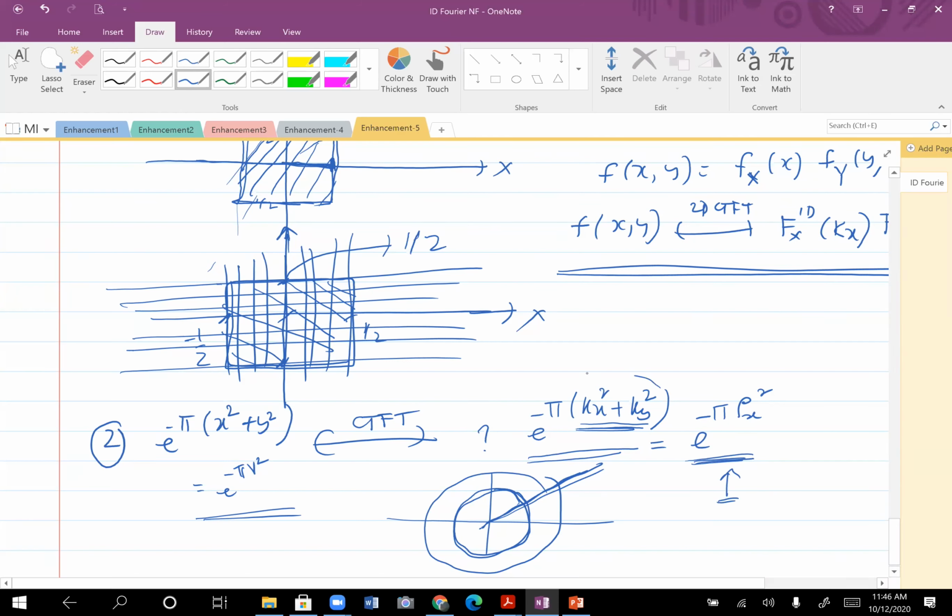See, how would this function look? You yourselves are telling that this is the answer, correct? E power minus pi kx square plus ky square. If I take a circle here, this is my kx, this is my ky. At all these points, kx square plus ky square is constant, right? What is the radius here? Root of kx square plus ky square.